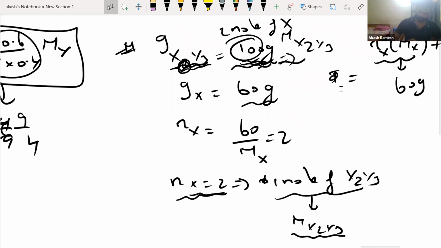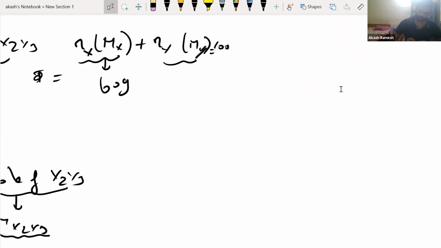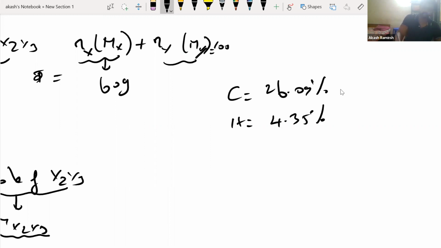Fine. So now the question: an organic compound has the percentage composition like this. Carbon is 26.09%, hydrogen was 4.35%, and oxygen was 69.5%.